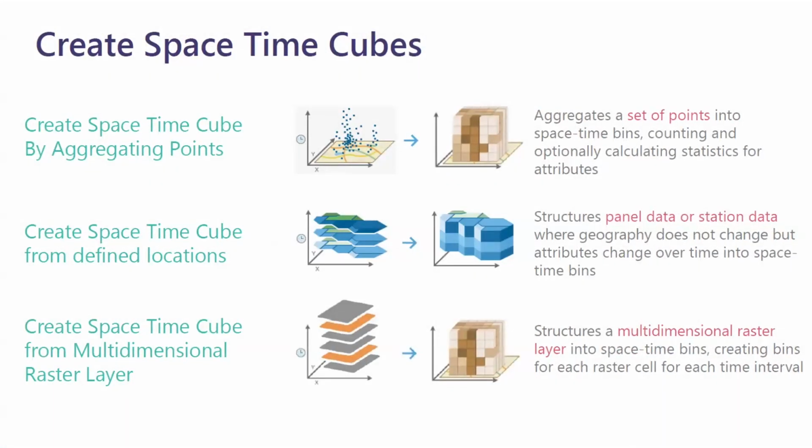Once you have the time field and your data is ready, then you have different ways of being able to create a space-time cube. The first way is if you had different points, you can run a tool that aggregates this information together to create a cube. Alternatively, you can use defined locations to create your cube.